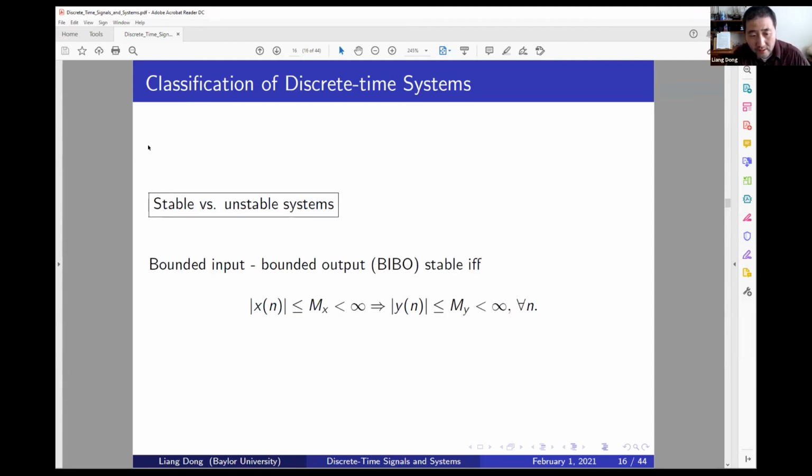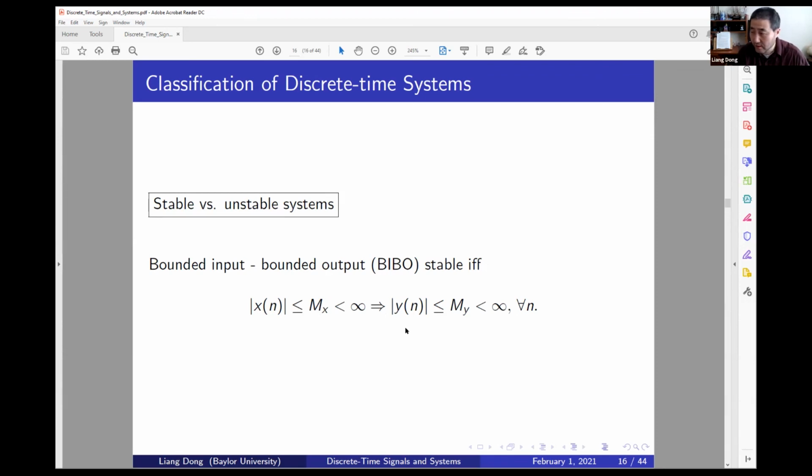Stable versus unstable system. A system is called stable, more specifically called bounded input, bounded output (BIBO) stable, if and only if, given all these finite inputs, where each input x[n] is a finite value, with absolute value less than or equal to capital M, which is a finite number, then the output is finite.